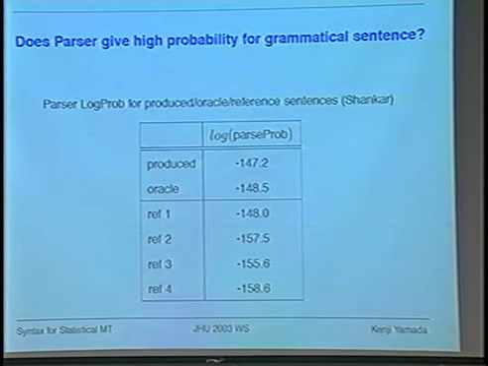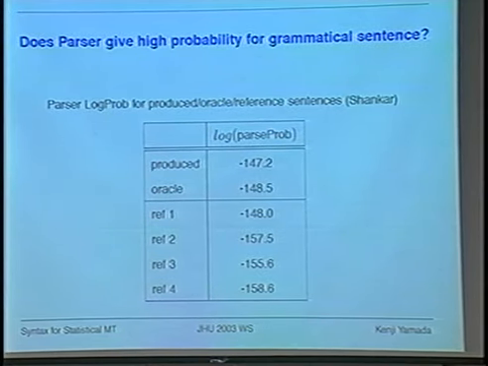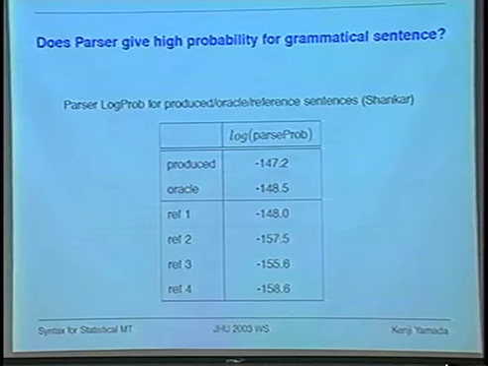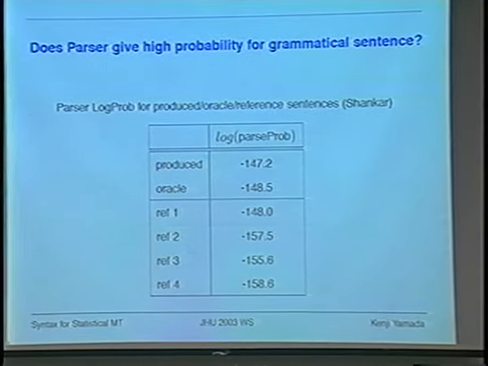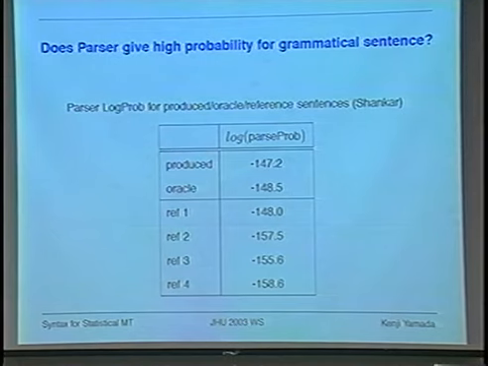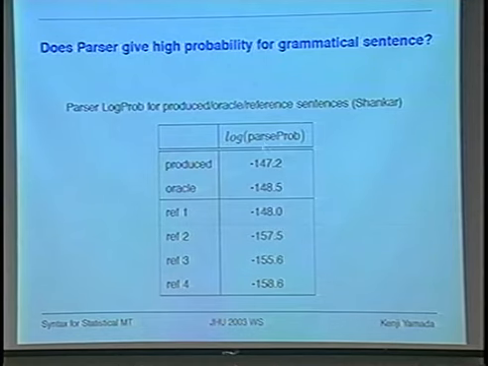So one experiment that Shankar did was just parse the reference sentences and the baseline sentences and see how the parser probability compares. And this is the log probability of the parser output.